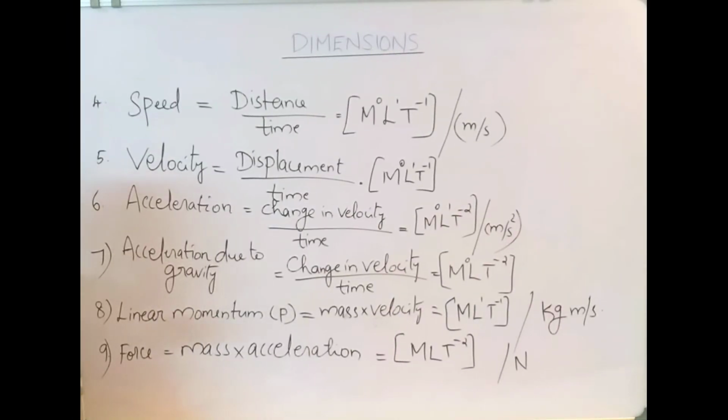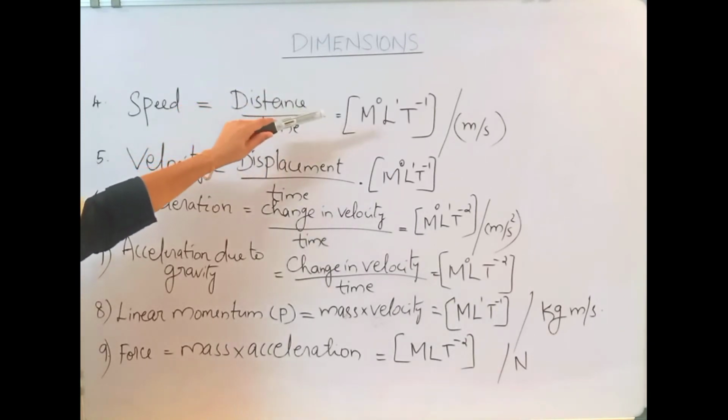The next quantity is speed. What is the equation for finding speed? That is distance by time. Distance is L, and time is T. So how can we write the dimension? That is M⁰ L T raised to minus 1.